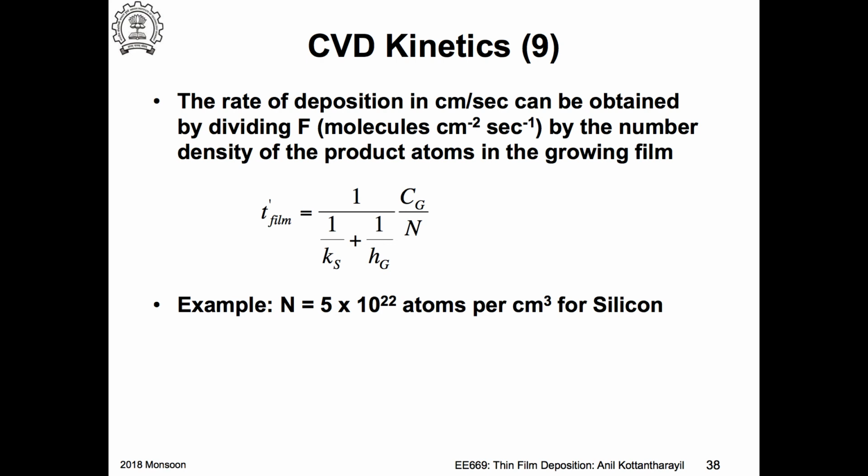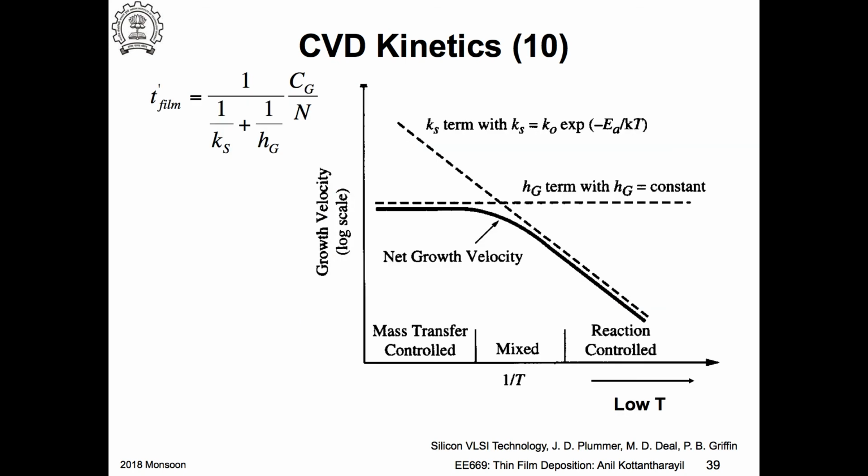Or 1 by overall mobility is equal to the phonon scattering mobility term and things like that. So whatever is resulting in the smallest value would dominate the process. So this is typical of a serial thing.